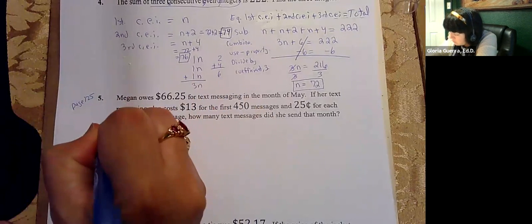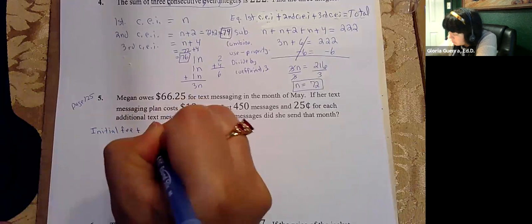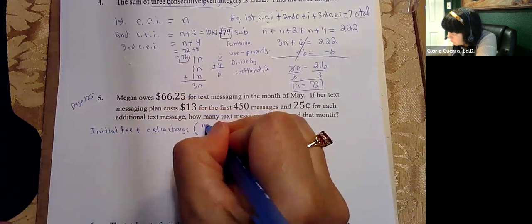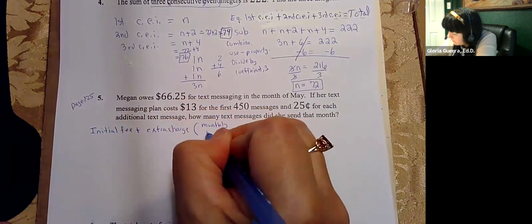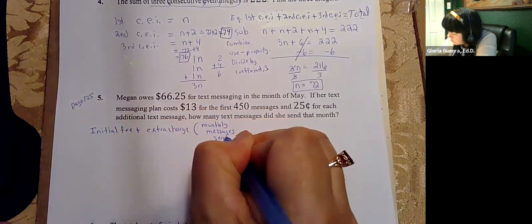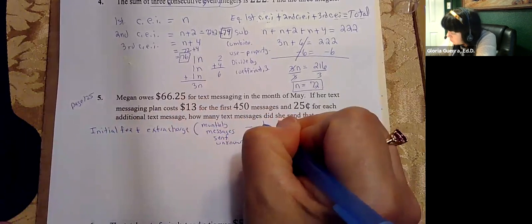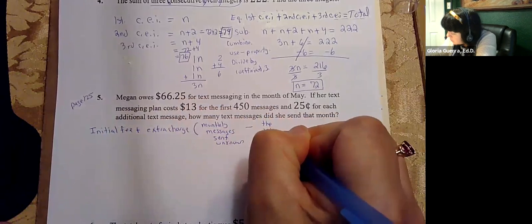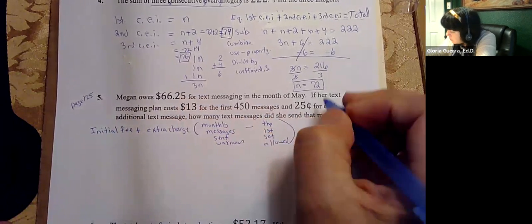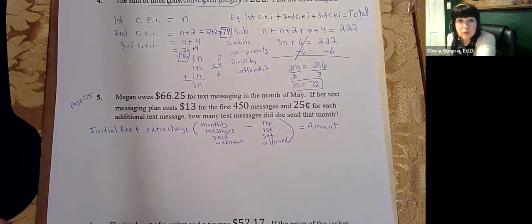So you have your initial fee plus the extra charge, open parentheses, the monthly messages sent, that's the unknown, minus the first set allowed, close parentheses, equals amount.